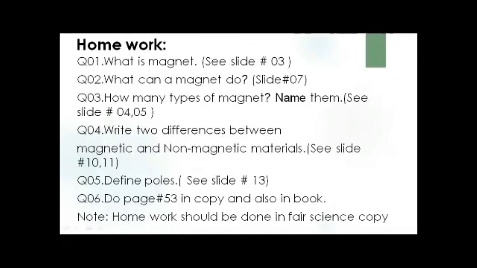This is your homework. Now question number 6. Do page number 53 in your copy and also in the book. So students, open your book to page number 53. On page number 53, question number 2 is fill in the blanks.